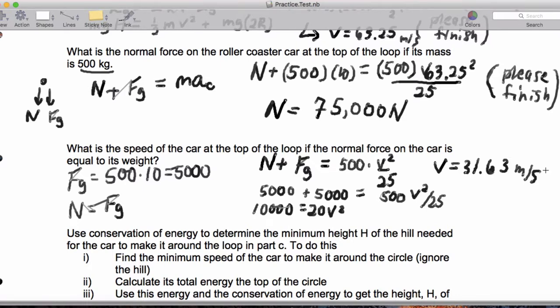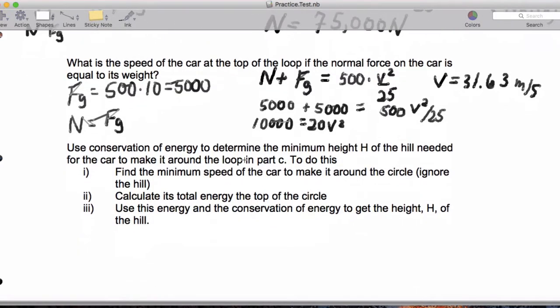So for this part here, we want to find the minimum speed of the car to make it around the circle. So this minimum speed to make it around the circle at the top of this loop, in this case, yes, the normal force is 0 because we're at the minimum speed.